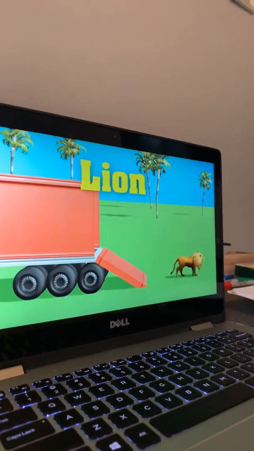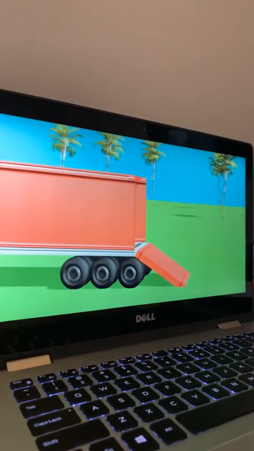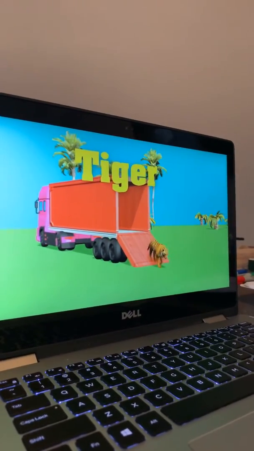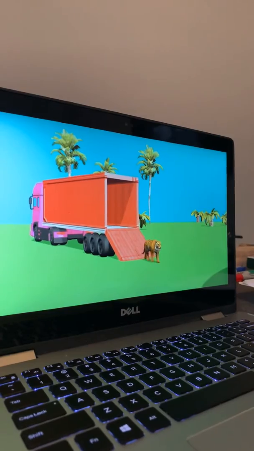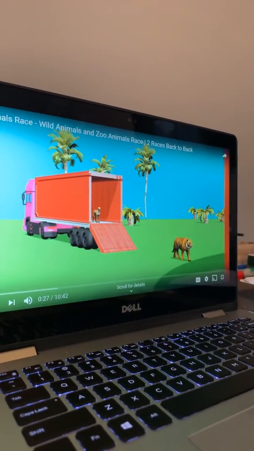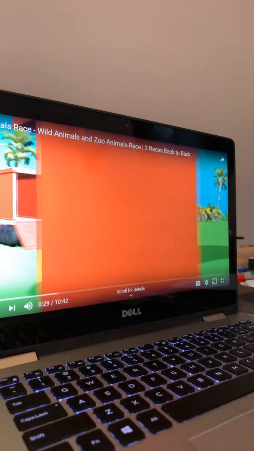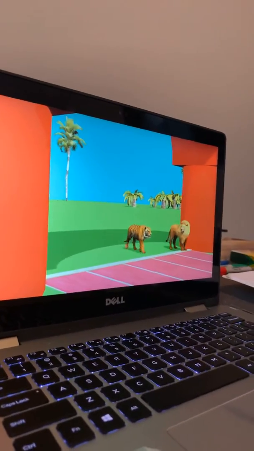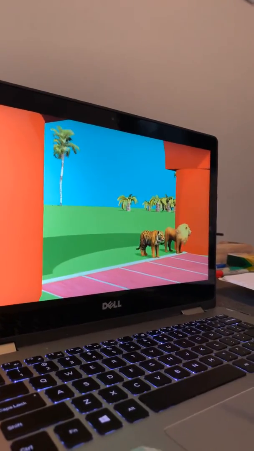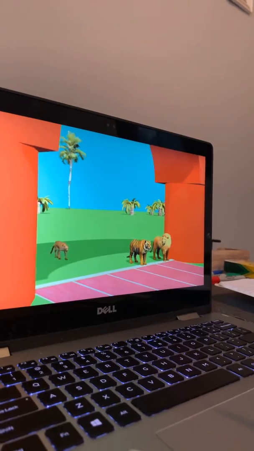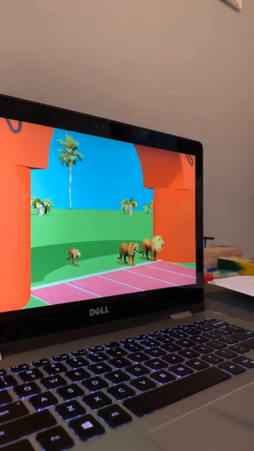So first we see a lion. A tiger. I know this animal.